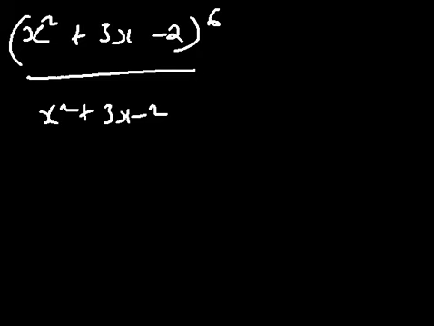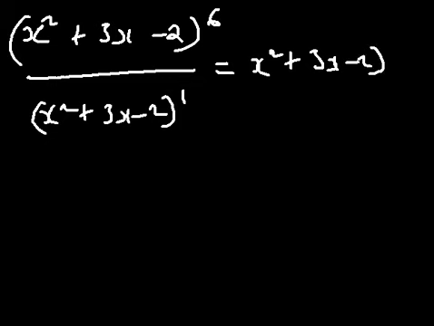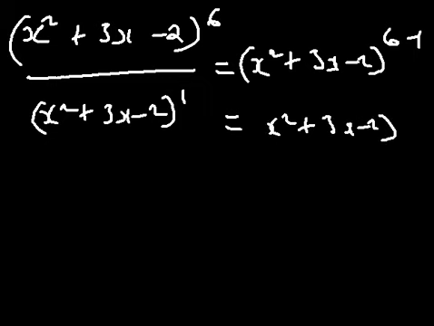You can see that the overall power here is 1. So we have expressions with the same base, which means using the division law, this is the same as x squared plus 3x minus 2 to the power 6 minus 1, which gives x squared plus 3x minus 2 to the power 5. So that's how you have it.